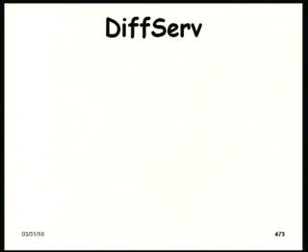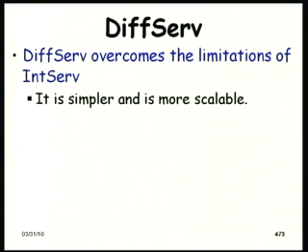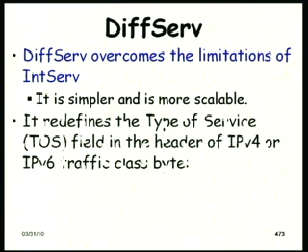Now, let us look at DiffServ. DiffServ does overcome some of the limitations of IntServ. One is that it is simpler, less information needs to be maintained, and it is more scalable. The way it would work is that it would redefine the type of service field in the header of the IPv4 or IPv6 packet.